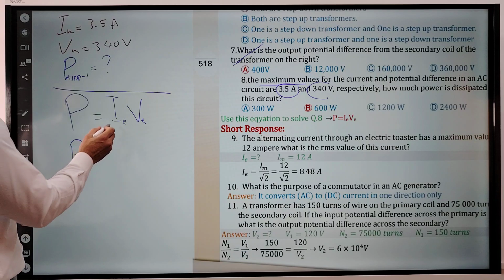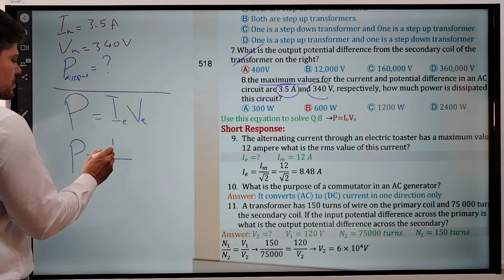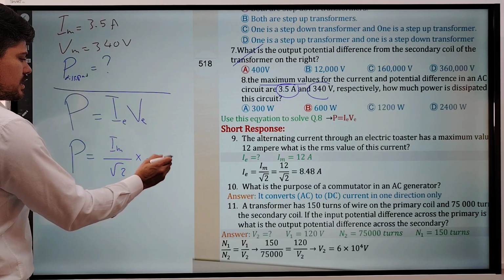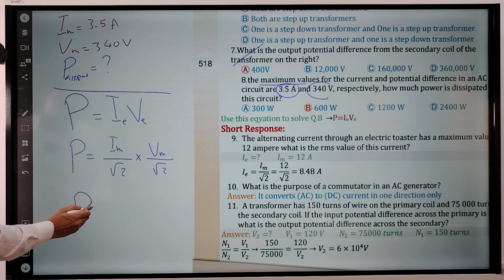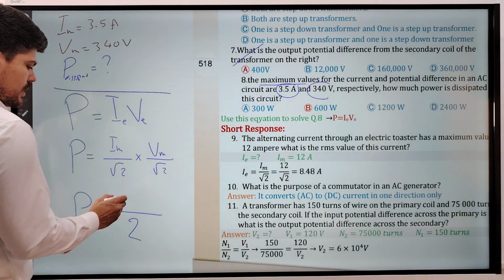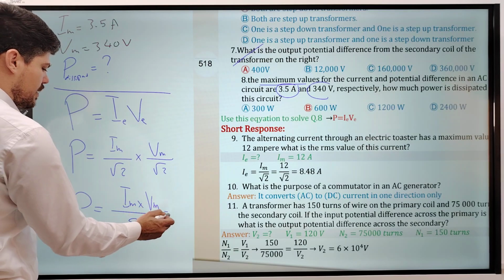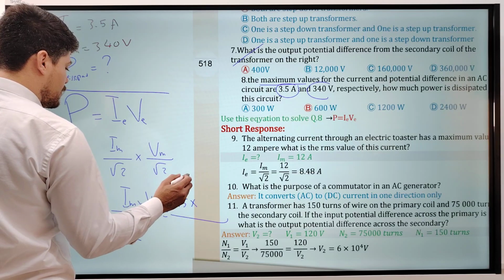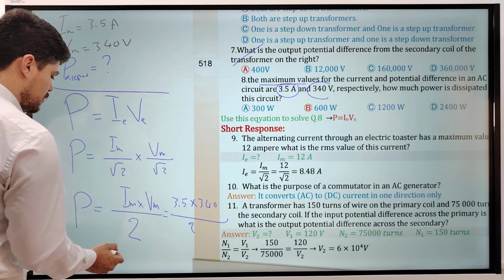P is equal to... Do we have I effective? No, but I effective is equal to Im over radical 2, and instead of VE, write Vm over radical 2. Radical 2 times radical 2 is equal to 2. So Im times Vm remain. Replace: 3.5 times 340 divided by 2.